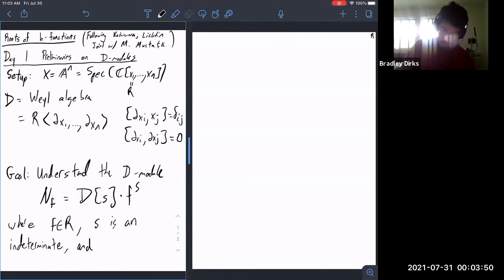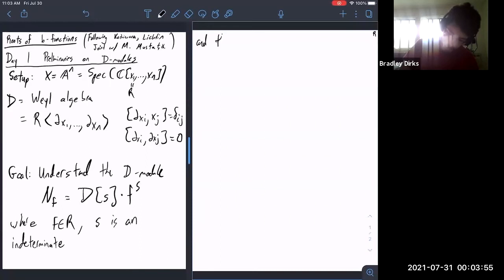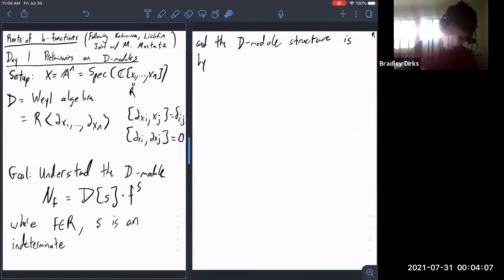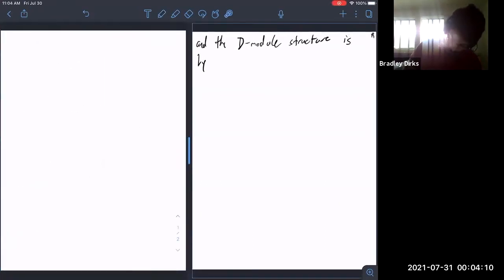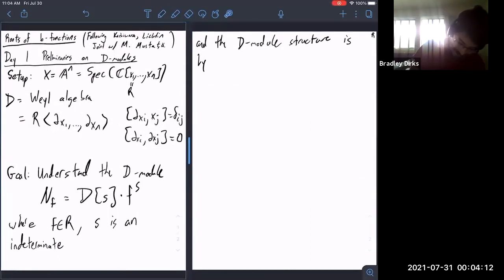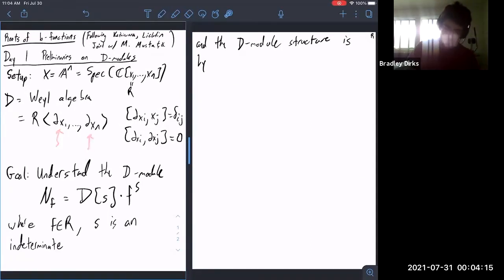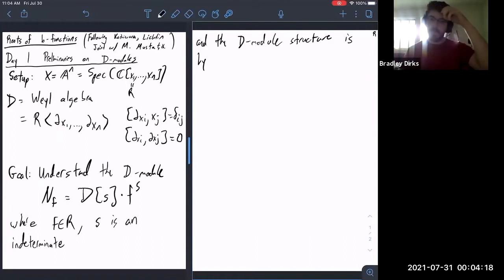I'll put it on the right half. The D module structure is given by telling you how the ∂_i operate, and then you extend using the Leibniz rule and taking products of this action. So ∂_i applied to f^s.